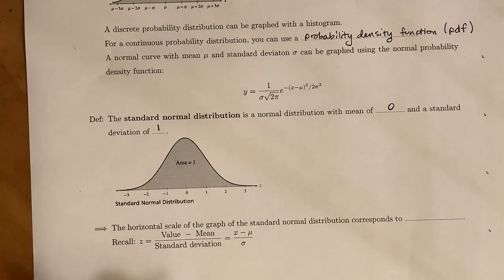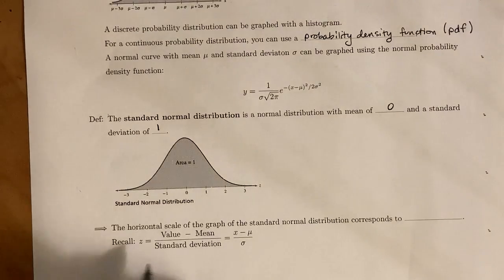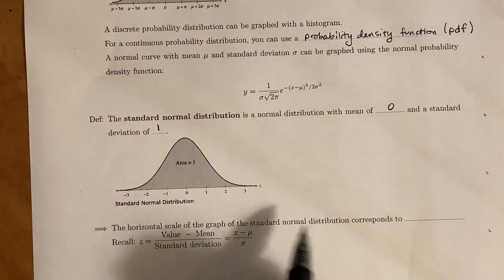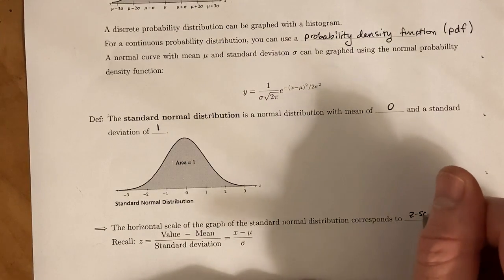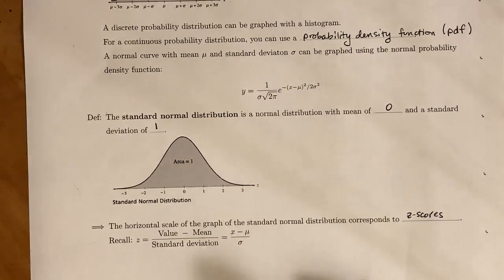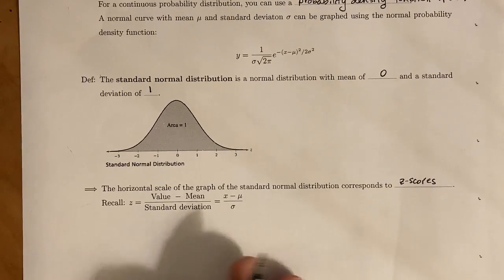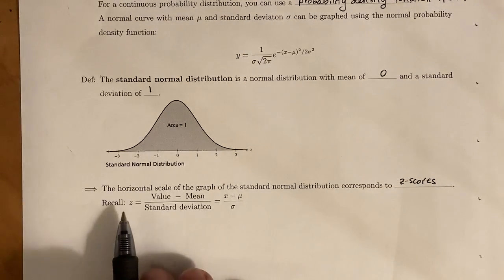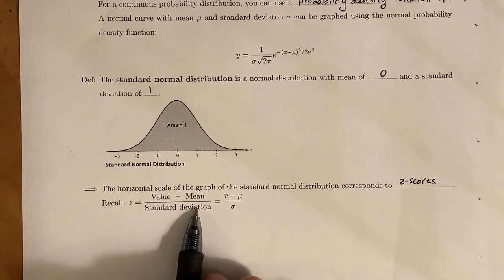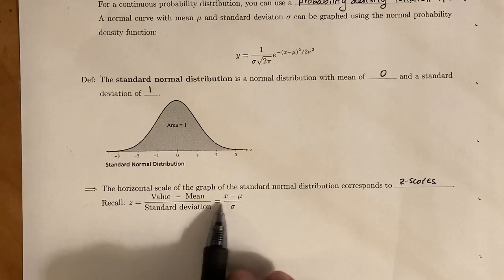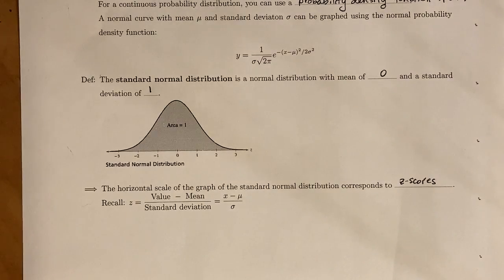This should look kind of familiar, but the horizontal scale of the graph of the standard normal distribution corresponds to z-scores. So these z-scores come back into the picture. Just to do a quick recall, z is equal to the value minus the mean all over the standard deviation, which in shorthand is x minus mu over sigma. And now before we move on to the second page, what we need to do is remove the final 2 pages from this note packet.